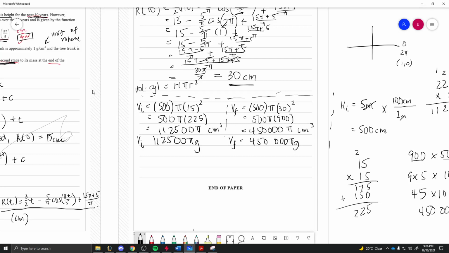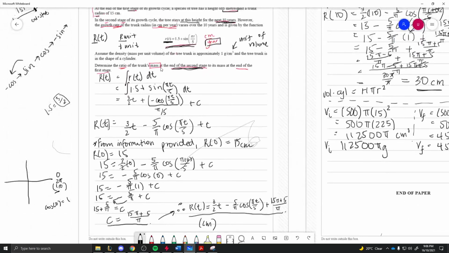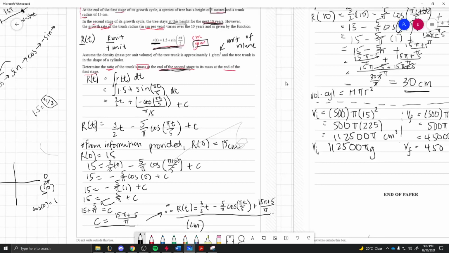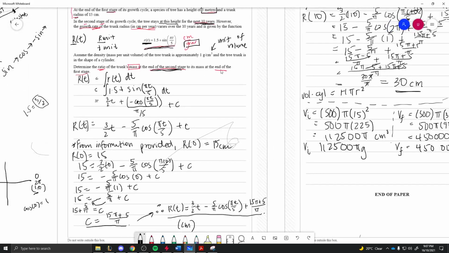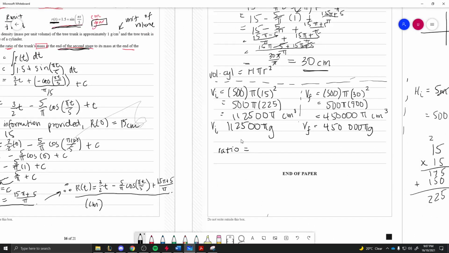And when you do ratios, it's usually done by final over initial, at the end of the second stage to the end of the first stage. So the ratio is equal to 450,000 pi to 112,500 pi.